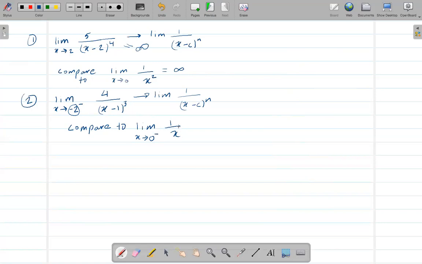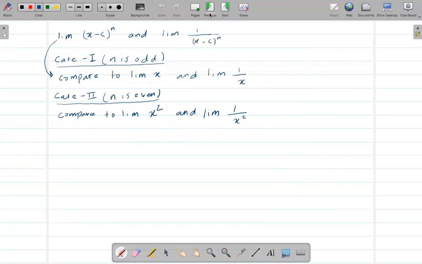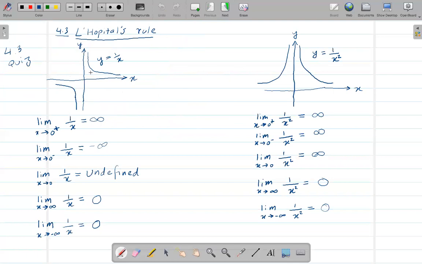All right. Now, if you have the picture in your mind of 1 over x and 1 over x squared, like I showed you here, then you can easily find the limit of all of these. I guess it's not too hard to remember this picture.